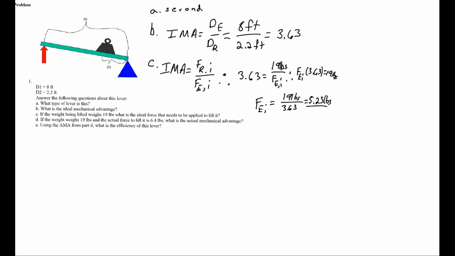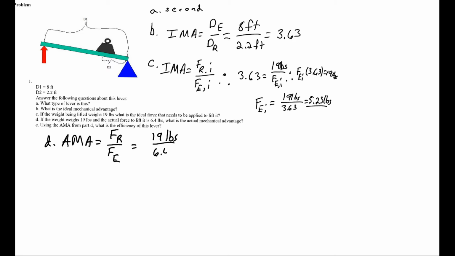Alright. D says, if the weight weighs 19 pounds, the actual force to lift it is 6.4 pounds. What's the actual mechanical advantage? So, AMA equals resistance force over effort force. So what's our resistance force here? 19 pounds.